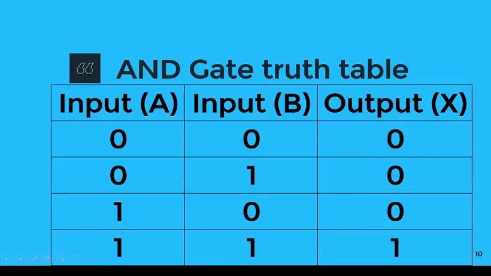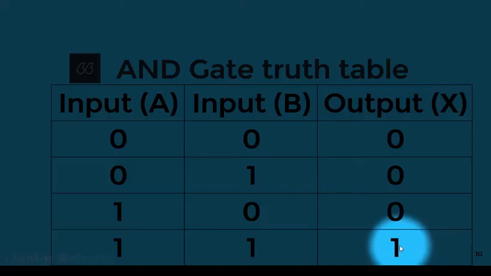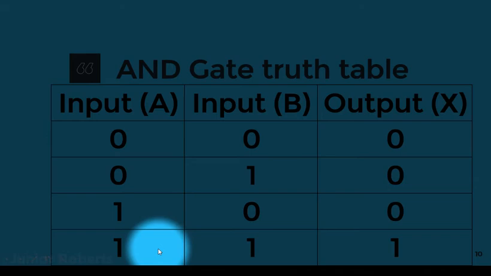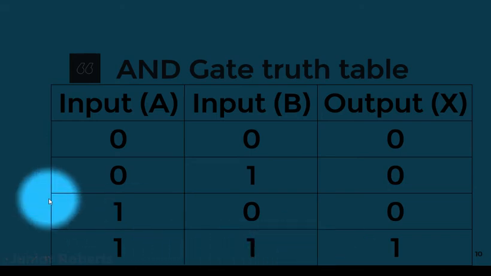So that's the truth table for the AND gate. As we can see, we only get an output of 1 whenever we have a 1 at both inputs. So when we have a 1 at input A and a 1 at input B, we get a 1 at the output.